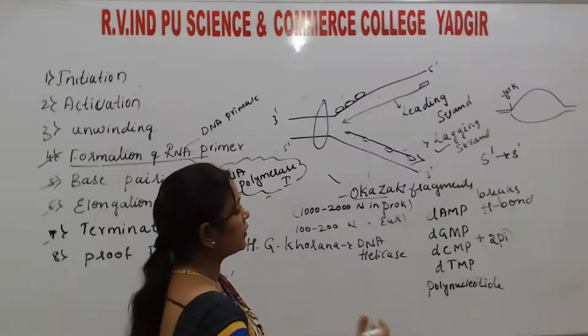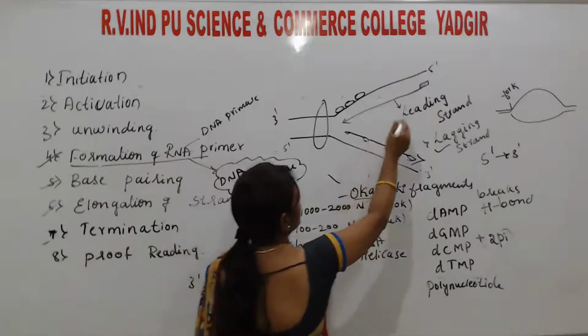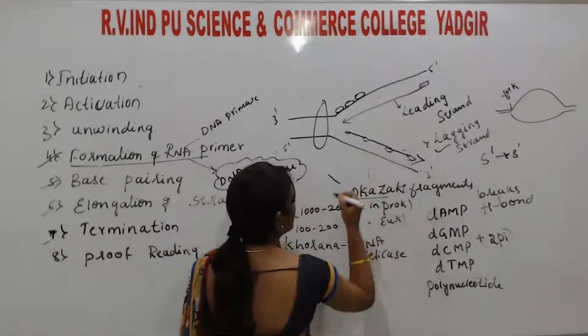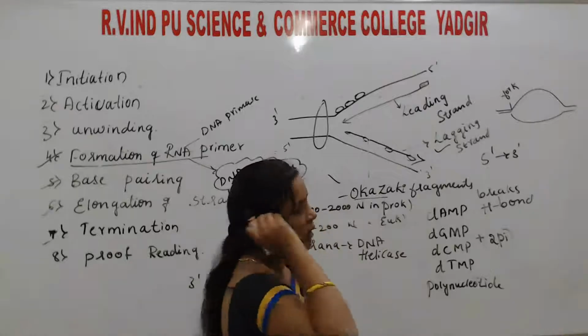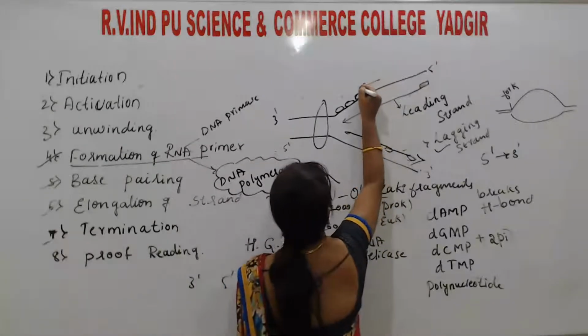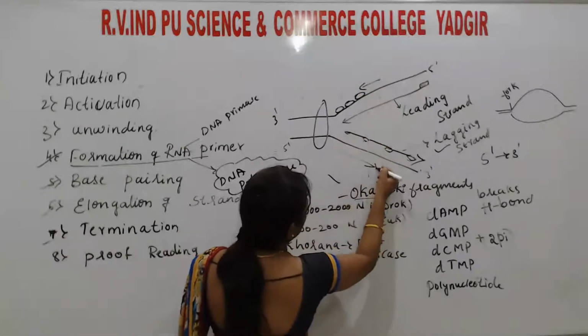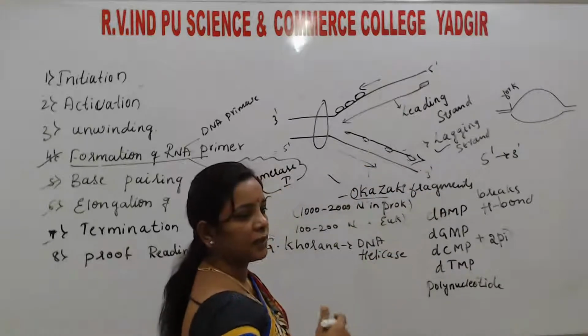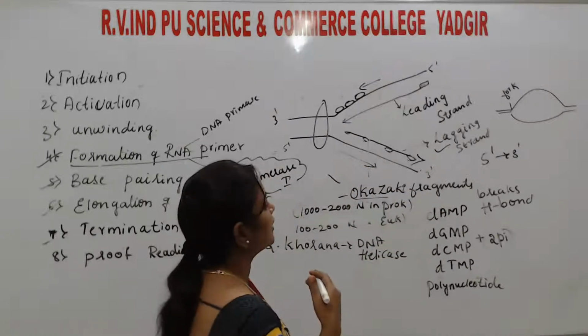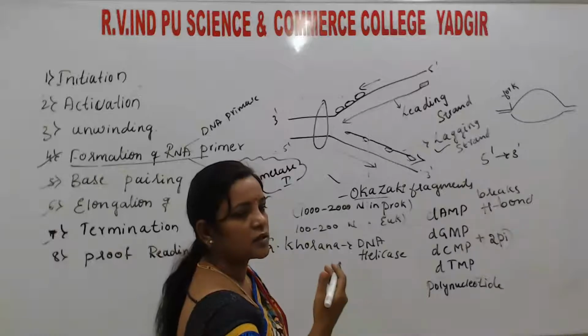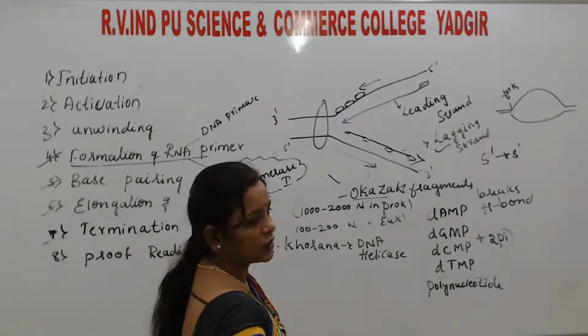Okay, and the new strand that is formed, in what direction is it moving? Okay, they are moving in the 5 to 3 direction, and here also 5 to 3 direction. On both sides, replication is taking place and the newly formed strands are complementary to each other, and they form hydrogen bonds.